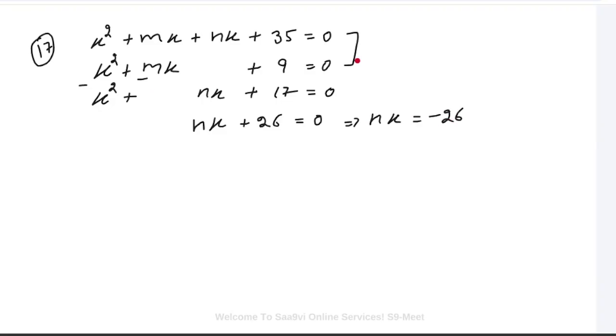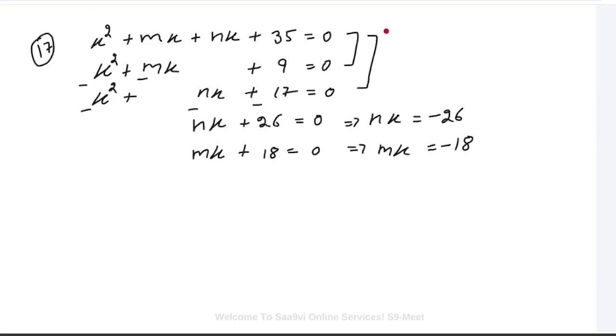Then if I take the first and the third equation, the x square and x square get cancelled. We get mx, nx gets cancelled, plus 35 minus 17, that is 18, equal to 0. That means mx is equal to minus 18.